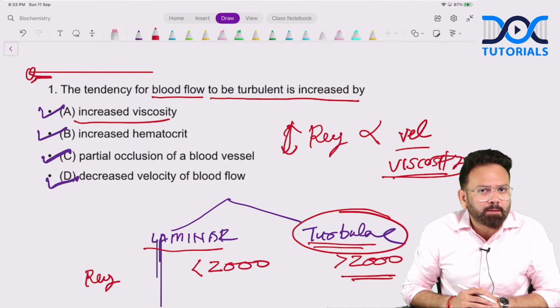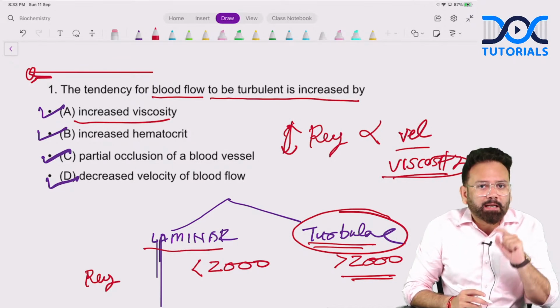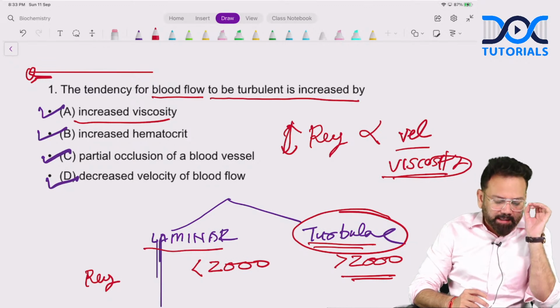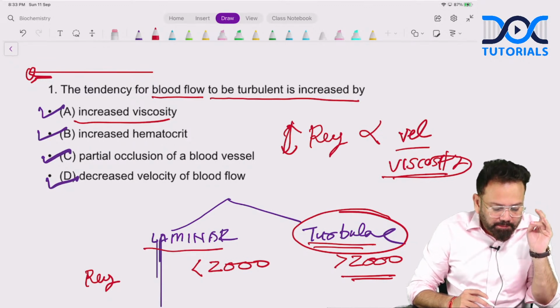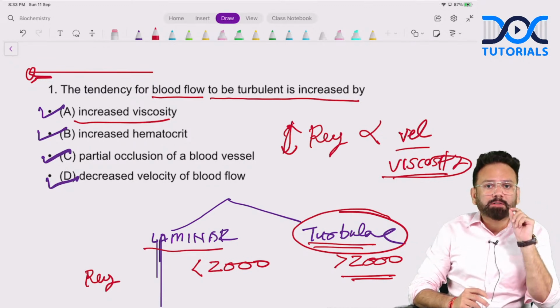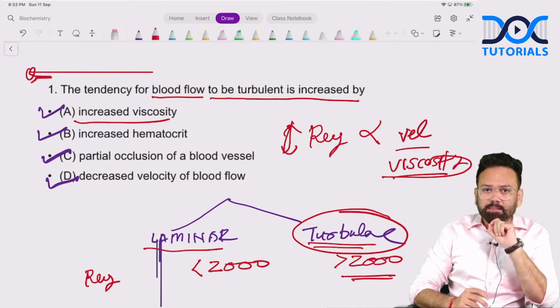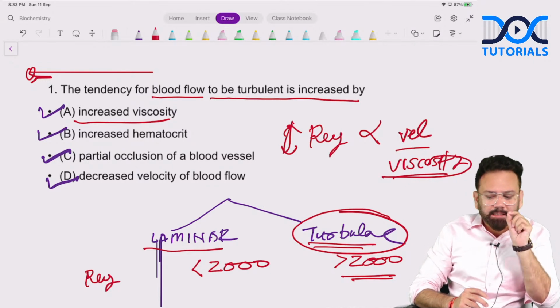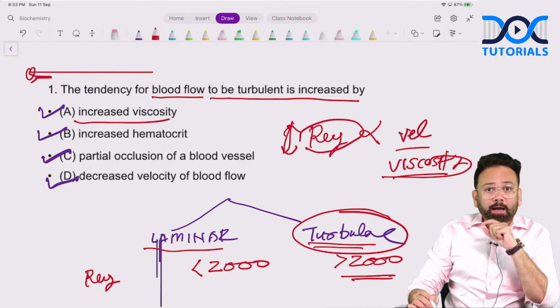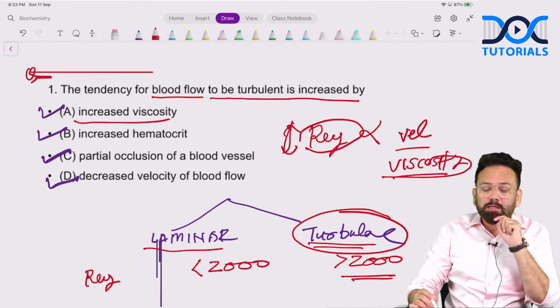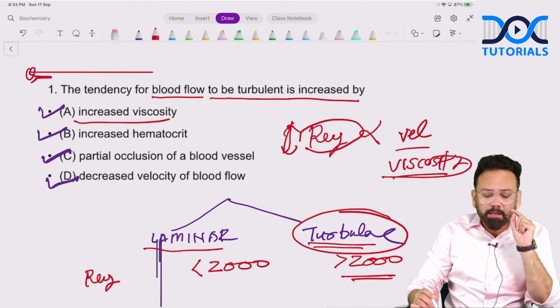That is why in anemia, viscosity is less, and when viscosity is less, Reynolds number will be more and fluid will be turbulent. This is the reason you get a murmur in anemia.